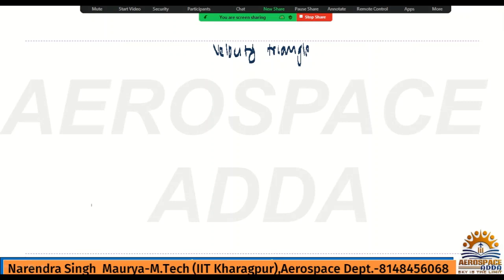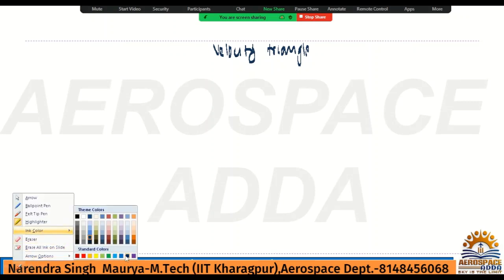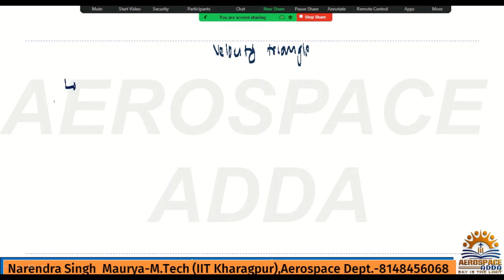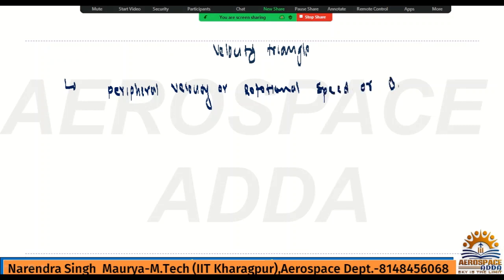now for the velocity triangle we have different types of velocity. First is called blade or peripheral velocity, or rotational speed, or blade speed.